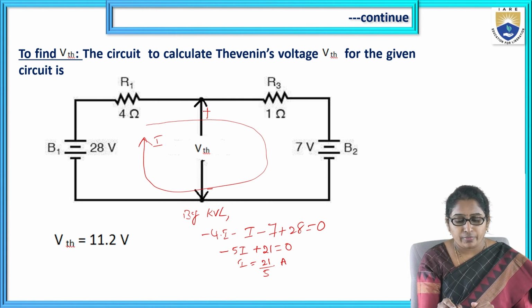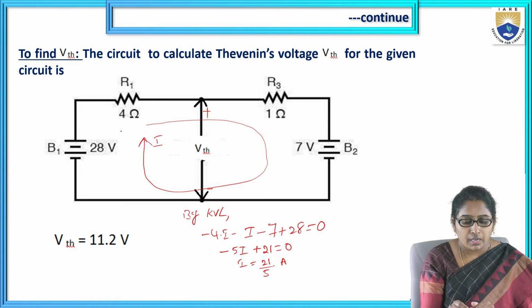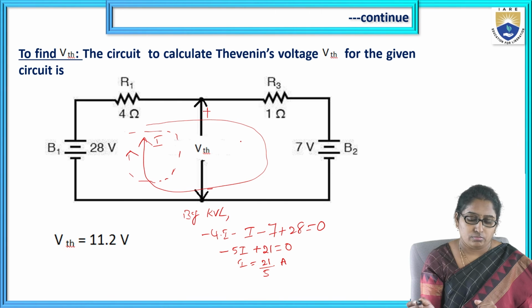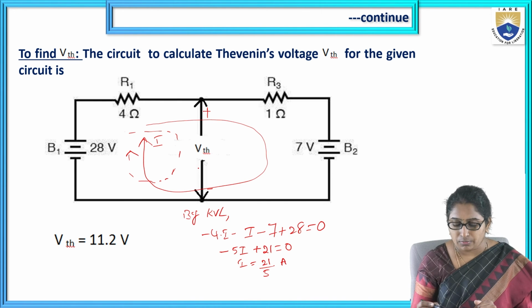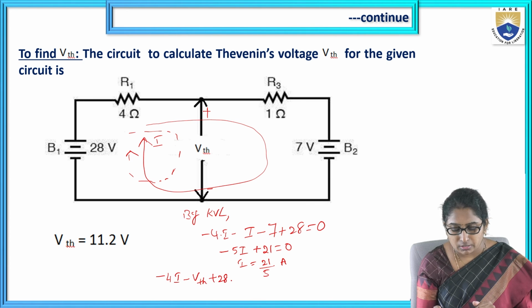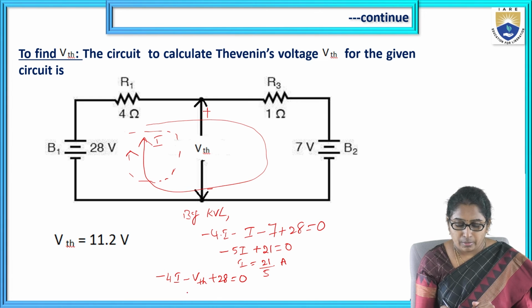Now how do we find this VTH? Consider this left side sub loop. You may consider the other side also; you get the same value for VTH. I am taking the left side and applying KVL to calculate VTH. Minus 4 into I minus VTH plus 28. From this, VTH is given by 28 minus 4I.